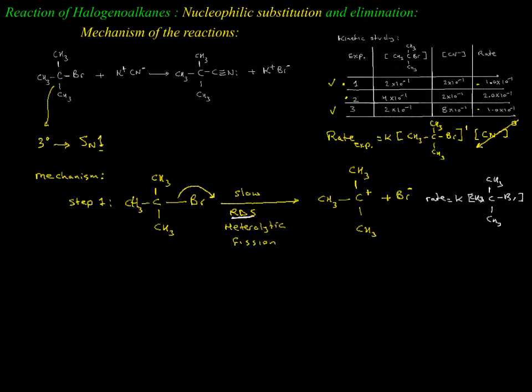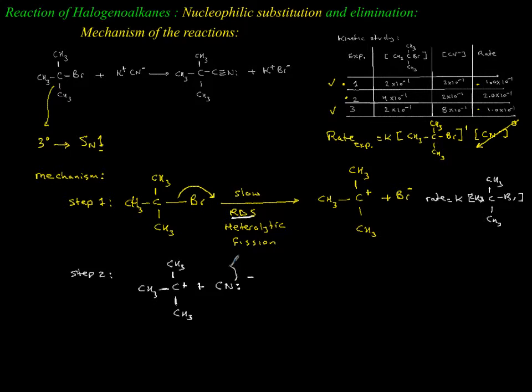The second step is fast. You have your carbocation with a positive carbon ready to be attacked by the nucleophile, cyanide in this case. You have to show your curly arrow one more time, so I put my cyanide lone pairs.